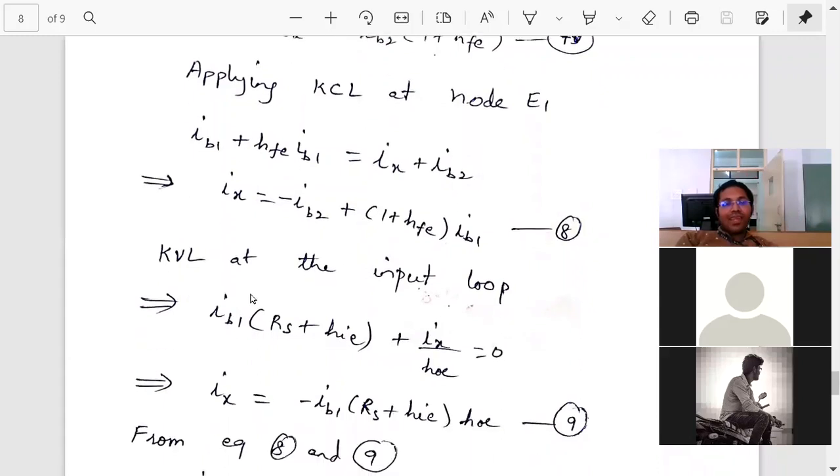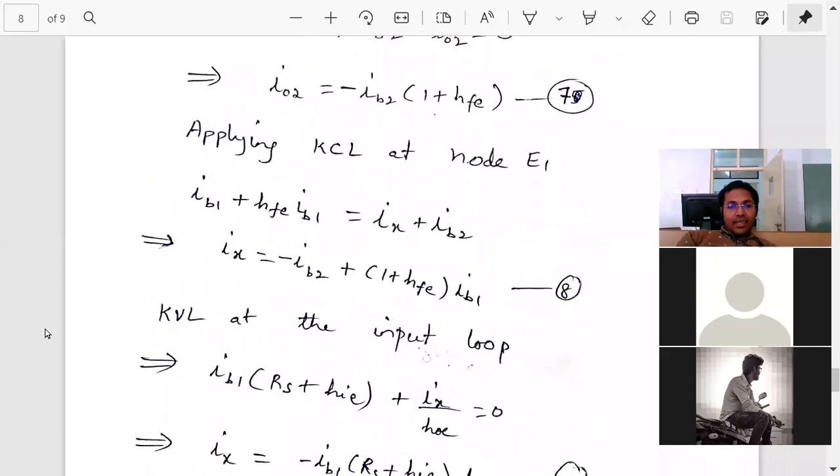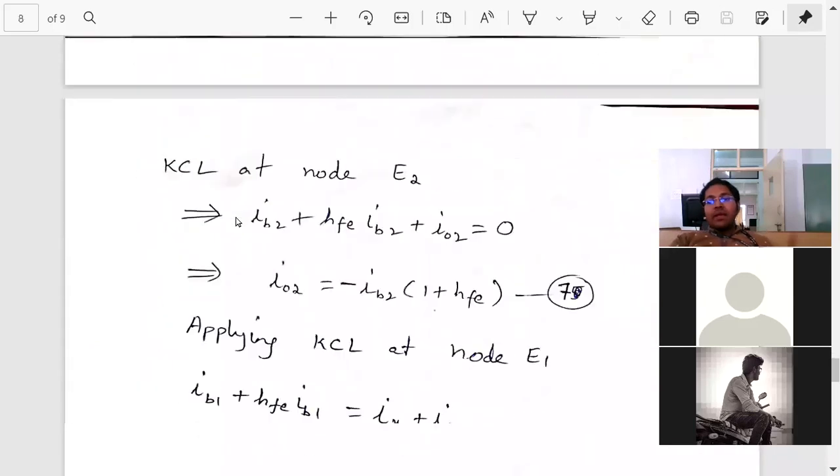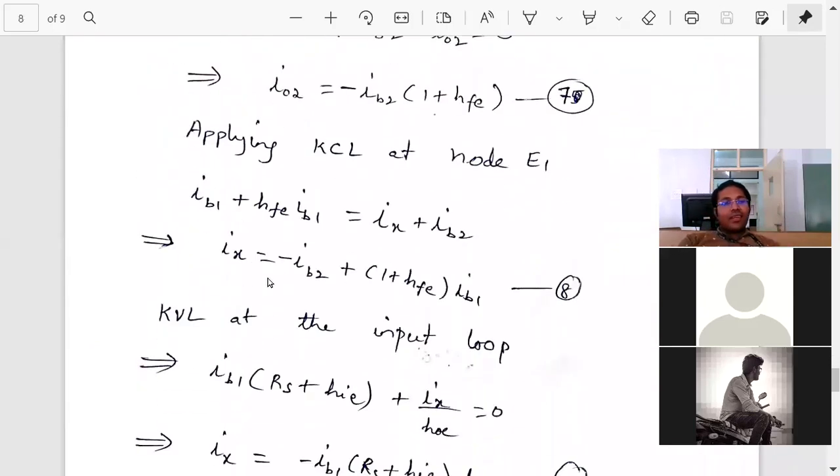Now let us see where else we have IX. See this loop. We got one equation for IX. If we get one more equation for IX equal to some expression, then from those two I can eliminate IX. That is the plan.